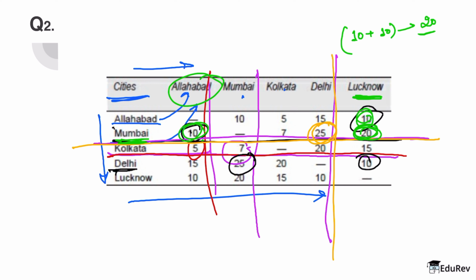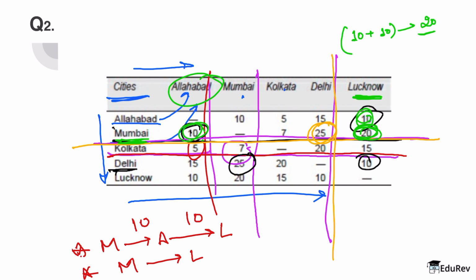So here what is happening is, I am sending from Mumbai to Allahabad and then from Allahabad to Lucknow, and I'm also sending from Mumbai to Lucknow directly. These are the two routes followed. From Mumbai to Allahabad the cost is 10, and from Allahabad to Lucknow the cost is 10, and directly from Mumbai to Lucknow the cost is 20.